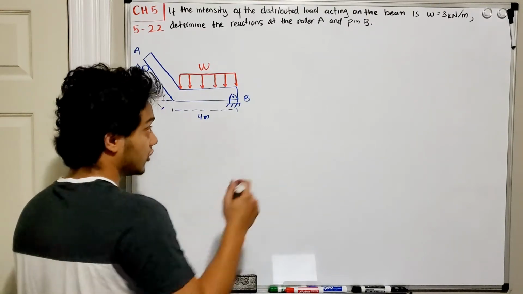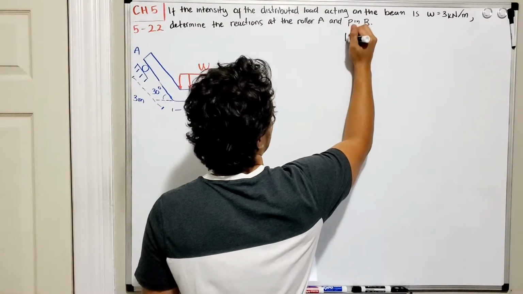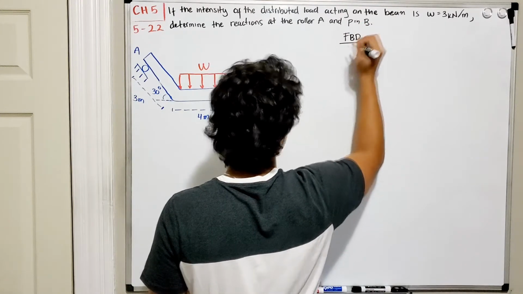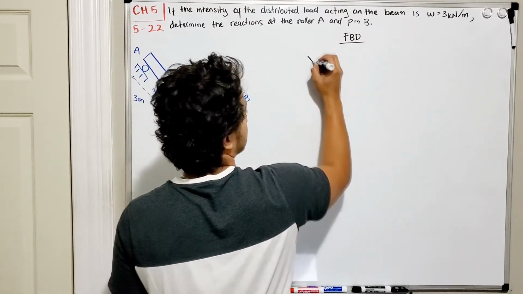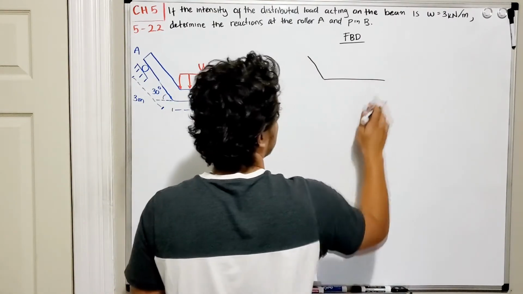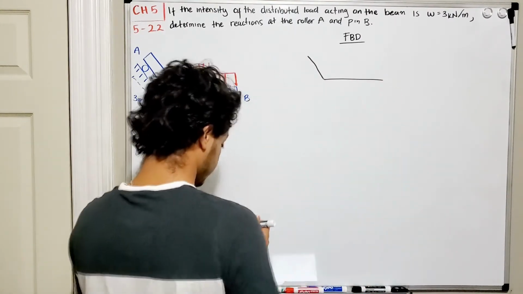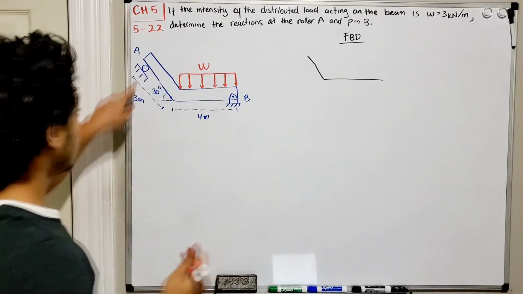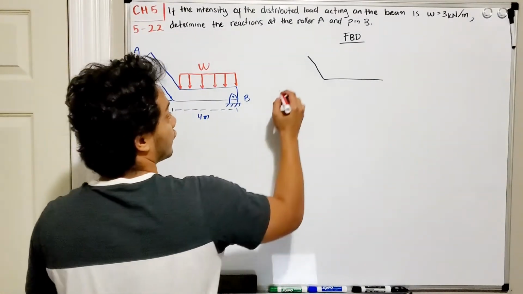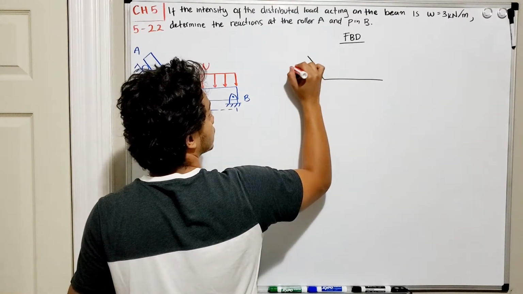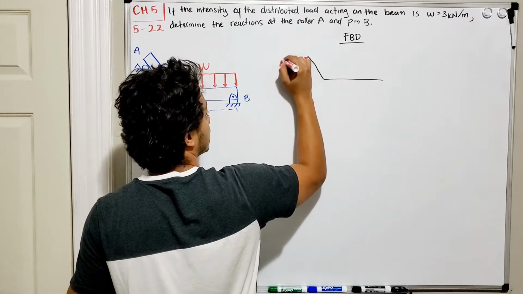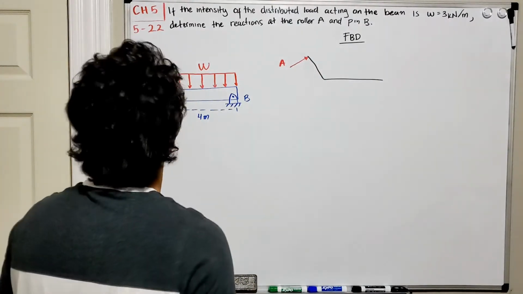Okay, so in order to solve this, we will have to redraw a free body diagram. First of all, our beam, which looks like an L-shaped beam. Now we will replace the roller by a force that is acting normal to the surface, so basically at 90 degrees, and we're going to call this reaction A, okay?